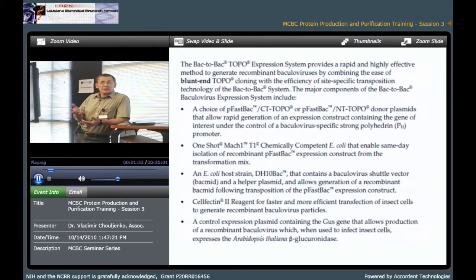All this combined allows generation of recombinant bacmids containing your gene of interest for the next step of baculovirus construction. The system also has a specific reagent for transfection. They suggest using Cellfectin II reagent, but most likely other reagents can be used as well, and it also has some control plasmids which can be used for construction of control baculoviruses if something goes wrong with your system.